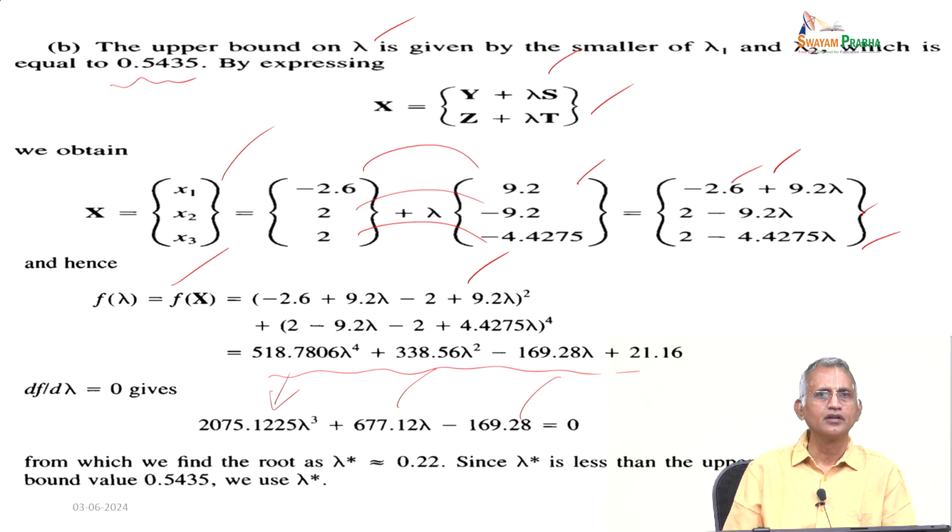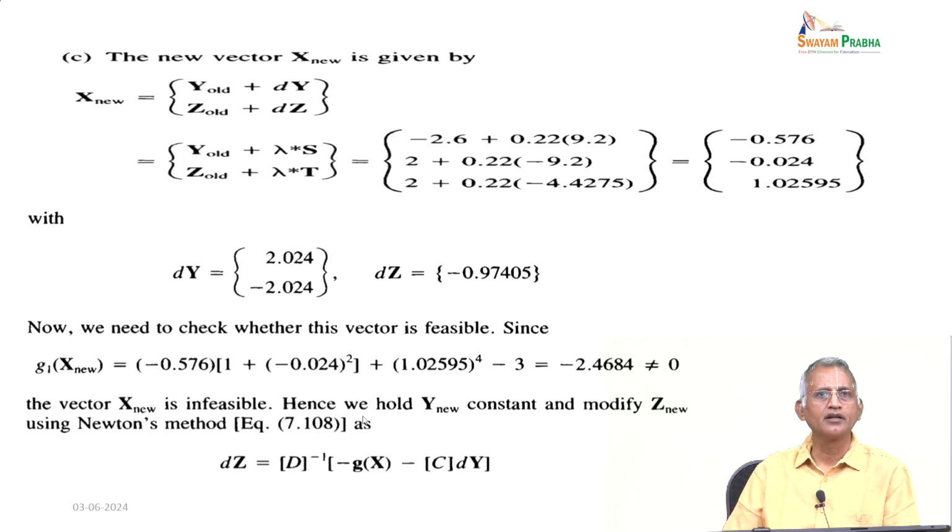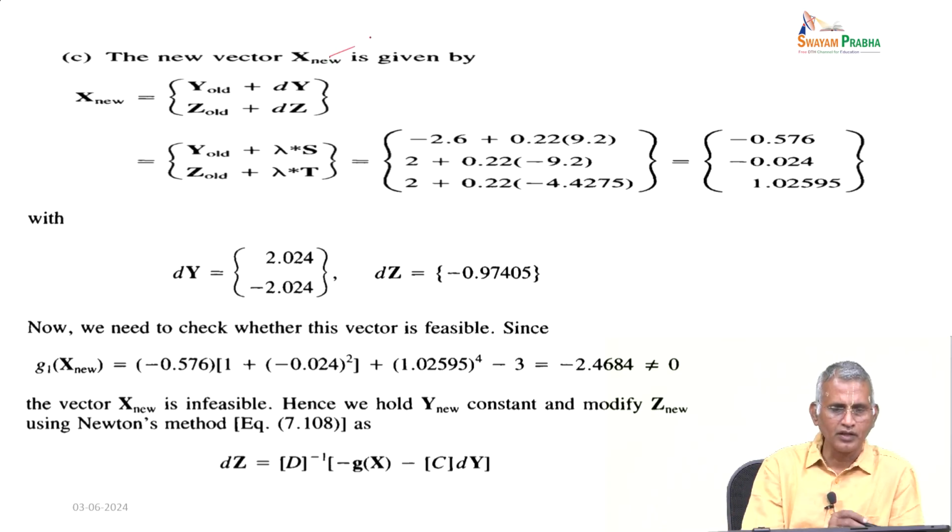So, the root lambda star is approximately equal to 0.22. Therefore, lambda star is less than the upper bound value of 0.5435. So, we use lambda star, and the new vector x new will come. The x new is y old plus dy, and corresponding z is z old plus dz.